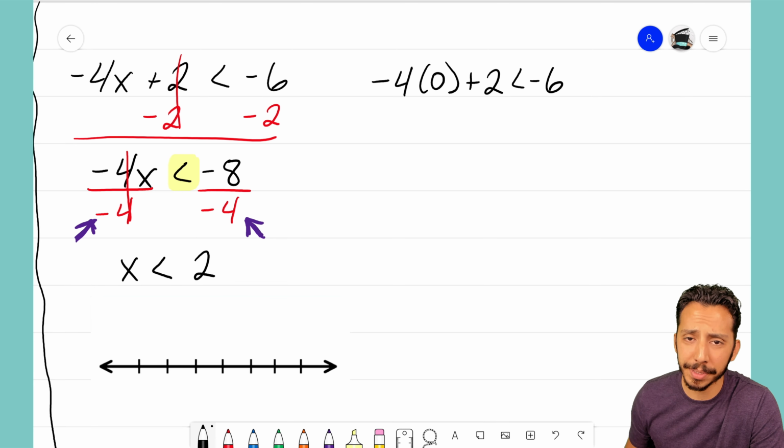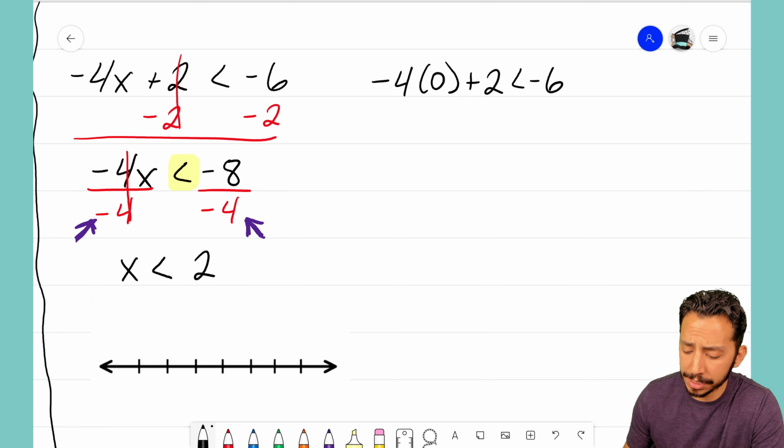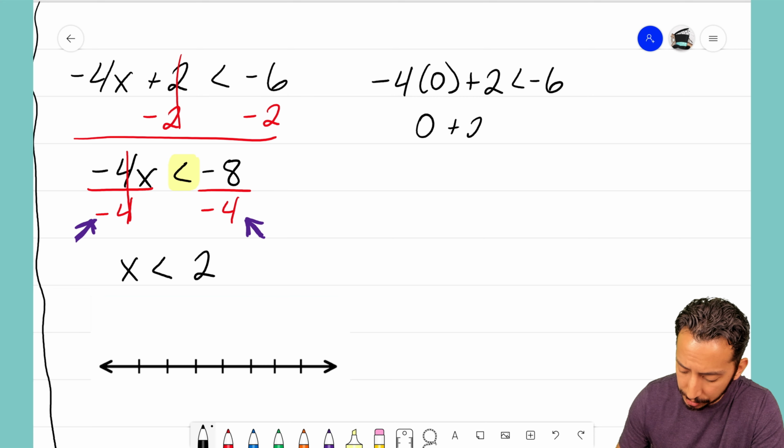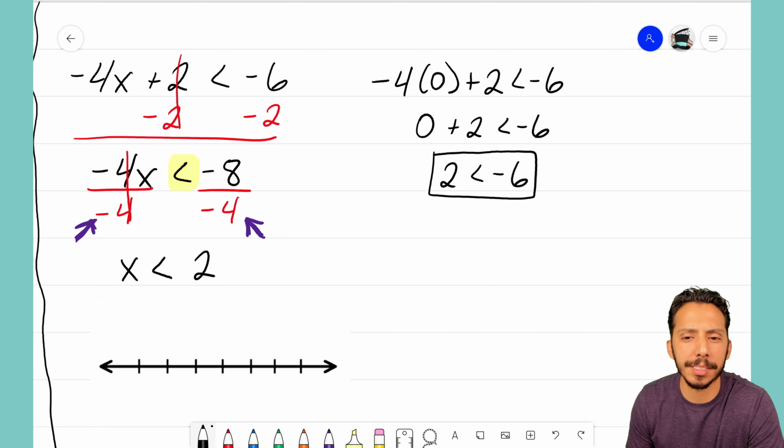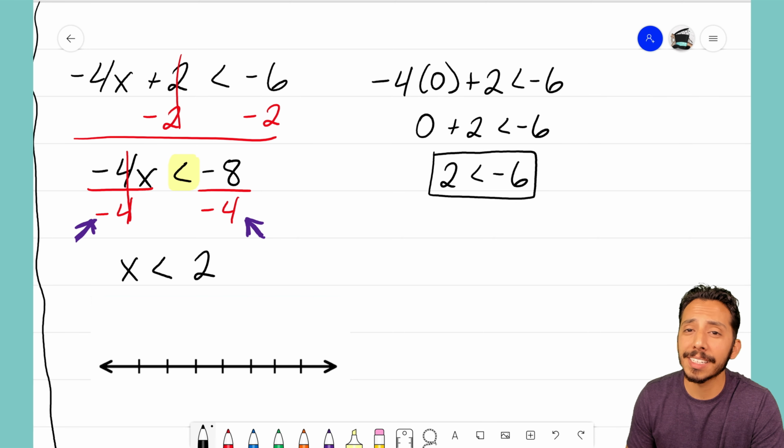And watch what happens. Negative 4 times 0, that makes 0. And I have 0 plus 2, and 0 plus 2 makes 2. And look at this final statement that's left for us. 2 is less than negative 6.